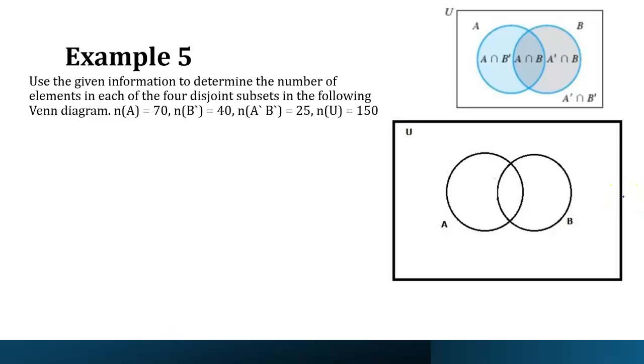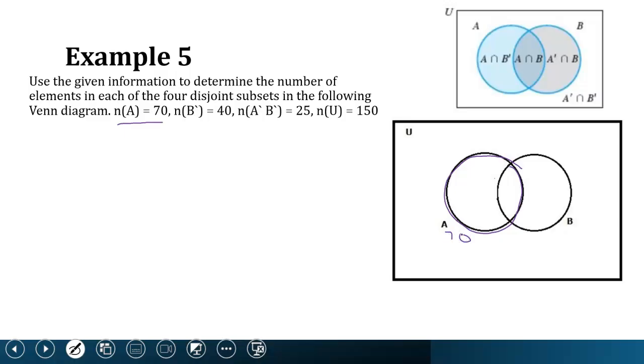I have the top of what questions we need to fill in, what's included in A, not in B, things like that. Then we also have the empty Venn diagram. And so let's put in the numbers from the problem. So the total subset of A is 70. So this entire thing is going to be 70.